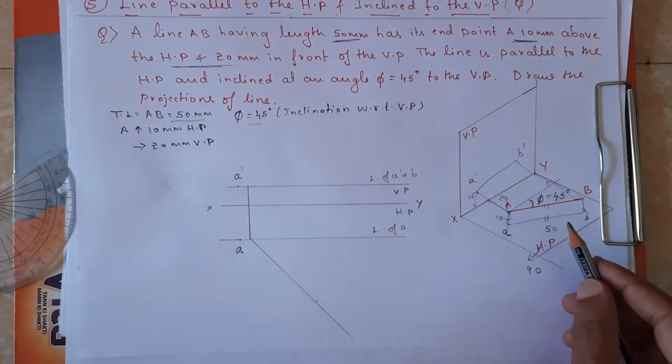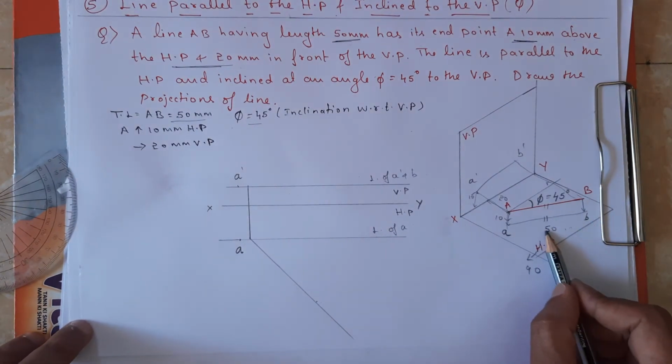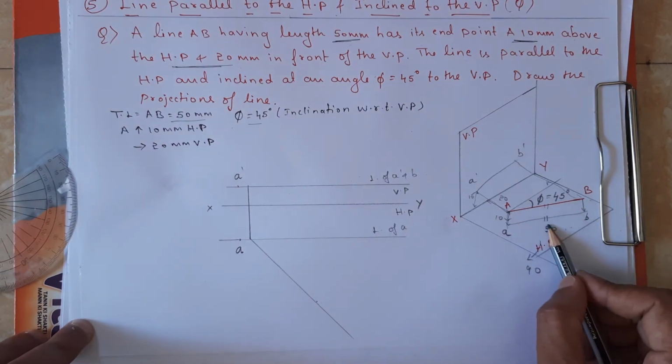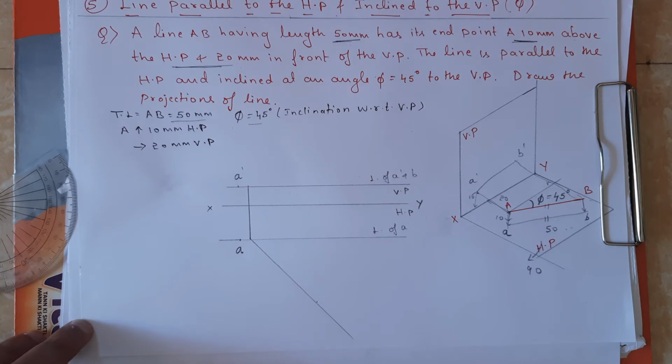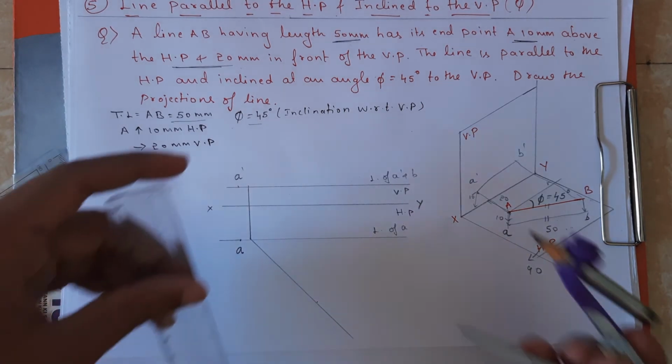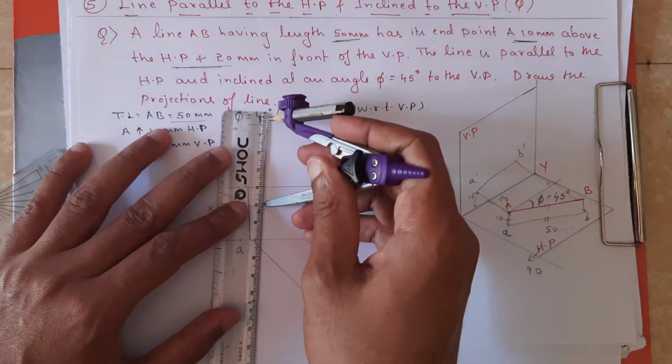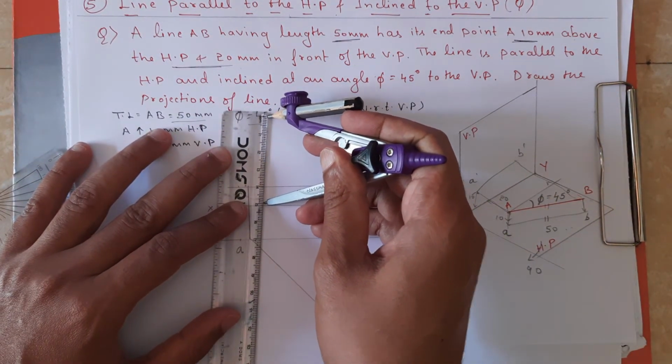What is the true length? It is 50. Why is it 50? Because the line AB is parallel to the horizontal plane, hence in the top view I am going to get the true length. So I am going to take the compass and measure the true length, that is 50.